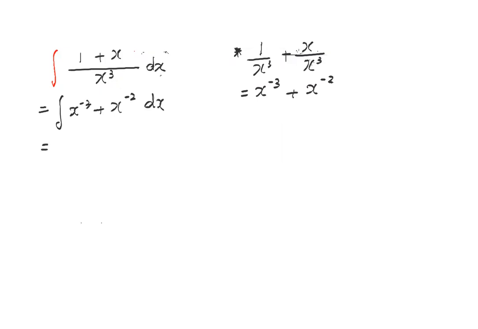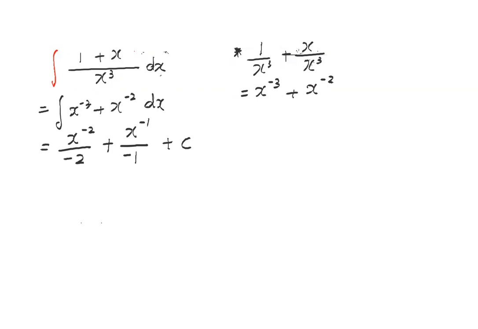So this will be power plus 1, that becomes -2, divide by -2. Am I right? If you have a plus and minus, you can just put minus. Okay, power plus 1, divide by the new power, plus c. Am I right?